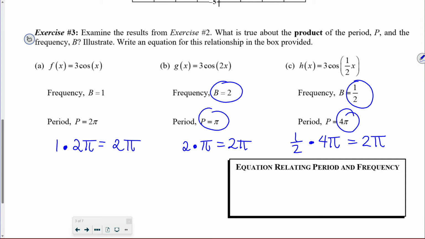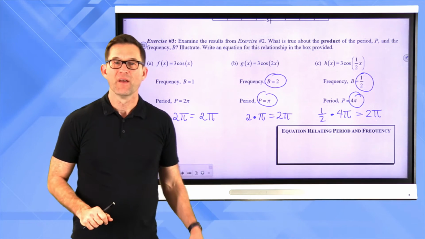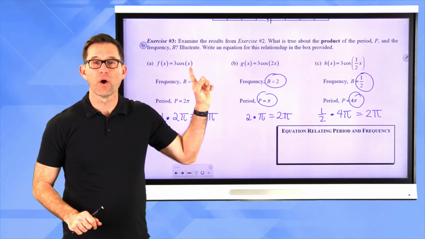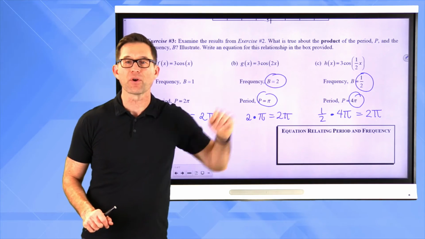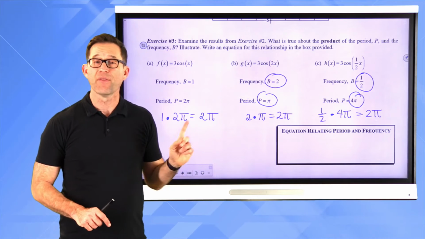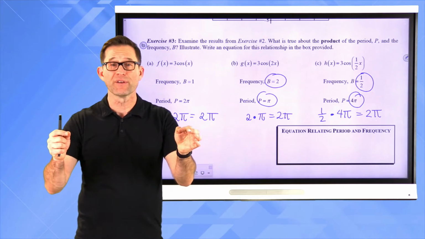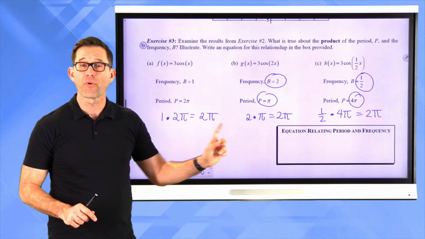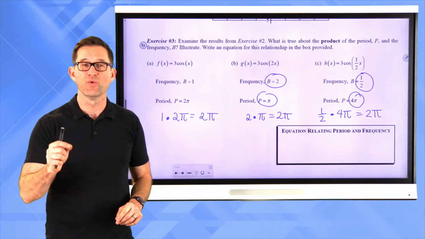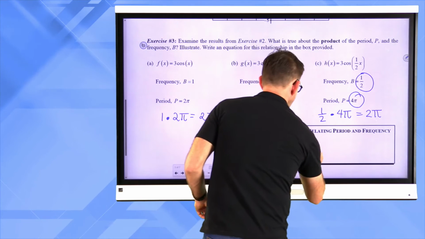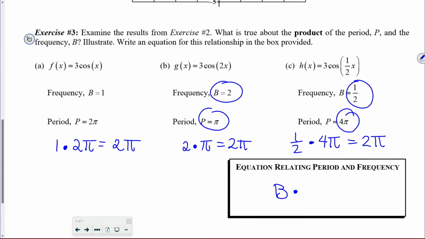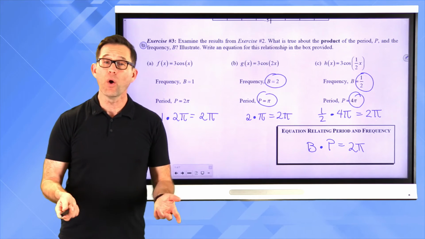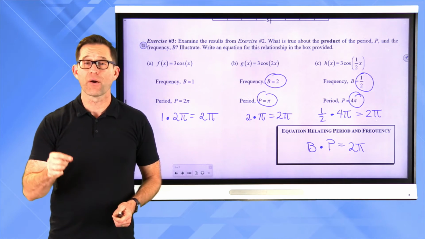So it looks like the frequency, which is simply the coefficient on the x within the trigonometric function, and the period, which is the minimum horizontal distance it takes for the waveform to repeat itself, their product is always 2 pi. So the frequency times the period is always 2 pi. Therefore, if we know one, we can always calculate the other.